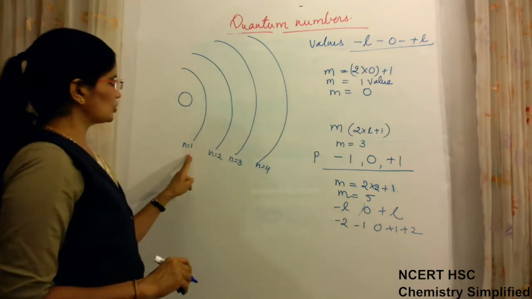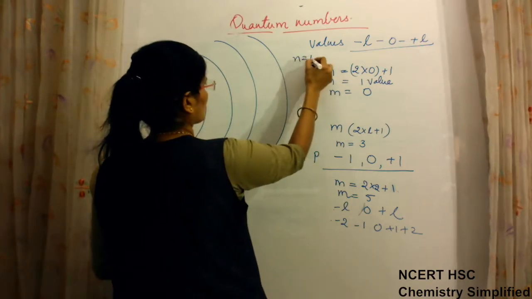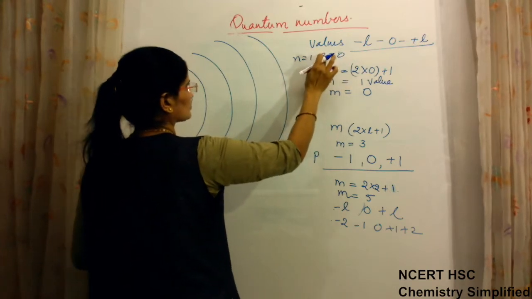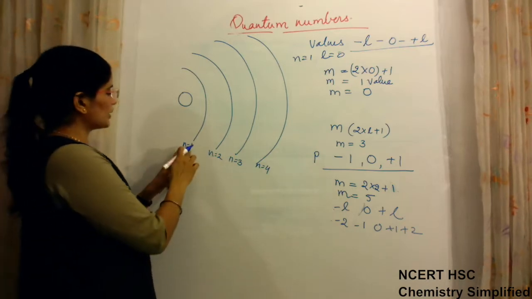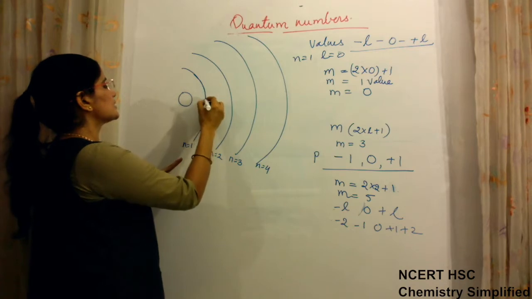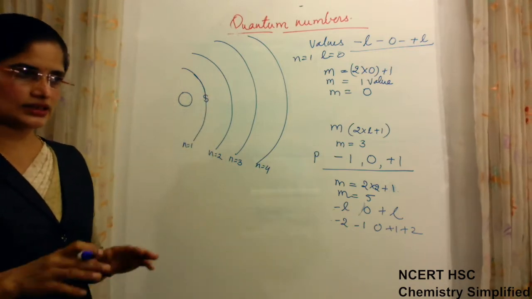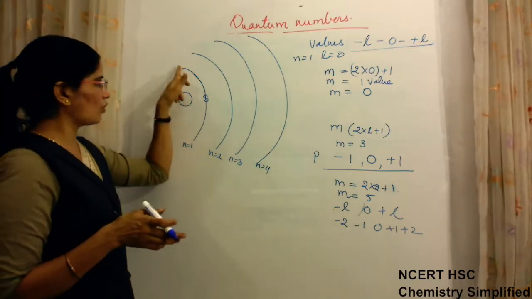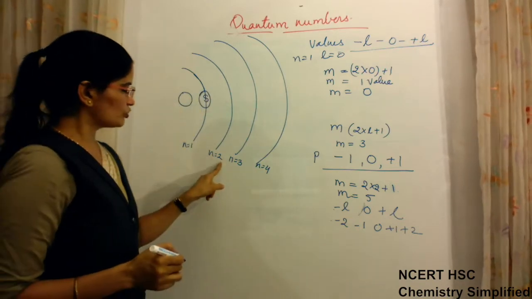Now for n is equal to 1, we had seen that L value is 0. That means the first shell has only one subshell, that is S. The S subshell is present, just like a house with only one room, and that room is S. So this is the house and the room also. S.